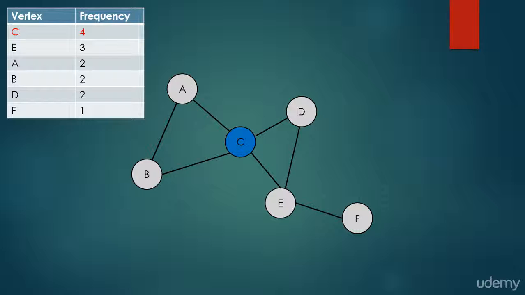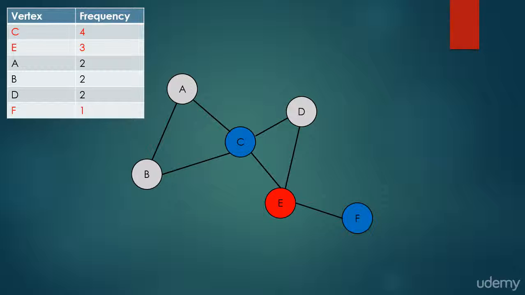We cannot give the color blue to A, because it's a neighbor of C. B is a neighbor of C too. D and E are not allowed to be colored blue. But F, we can color blue because it's far away from node C. It's not a neighbor of C.